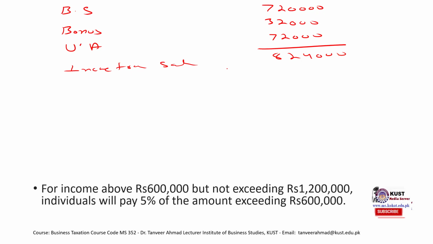They wouldn't be combined and then taxed, right? So we would first have to calculate income from salary, and tax on this income from salary. Now it is 8,24,000. If you go back to the lecture where we discussed the income slab on salary, you would see this specific slab which says that if it is greater than 6 lakh but less than 12 lakh, then 5% of the amount exceeding 6 lakh rupees.